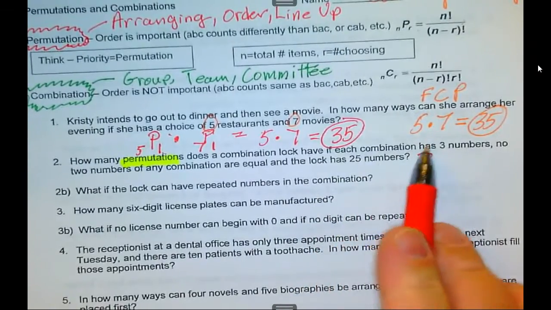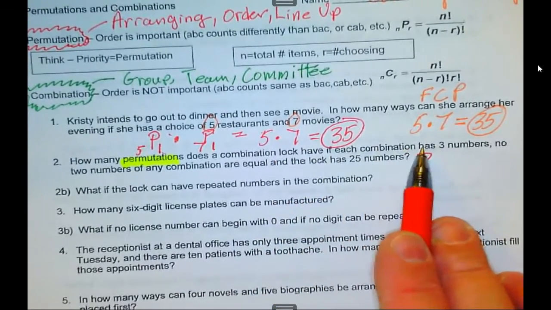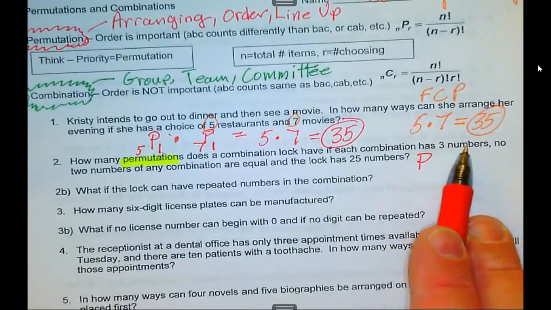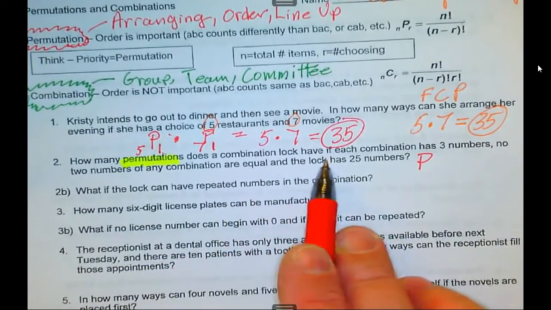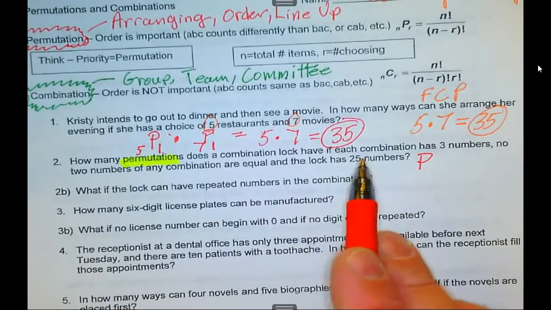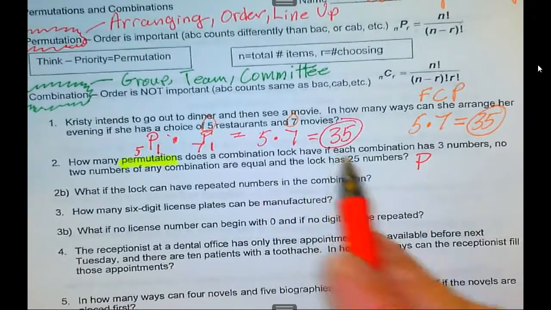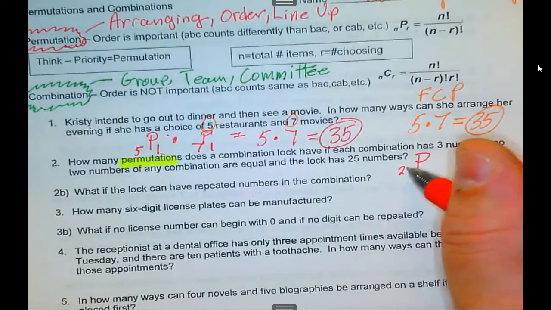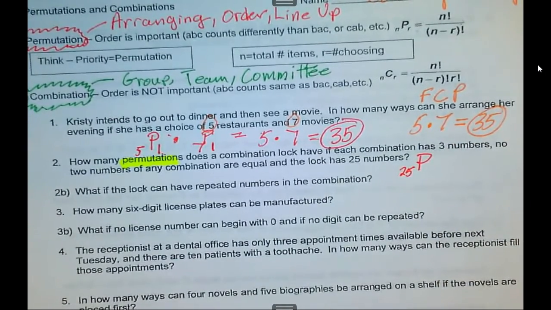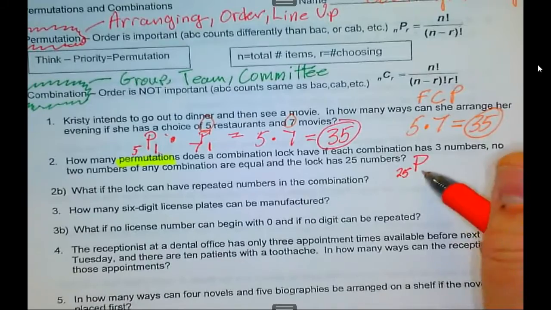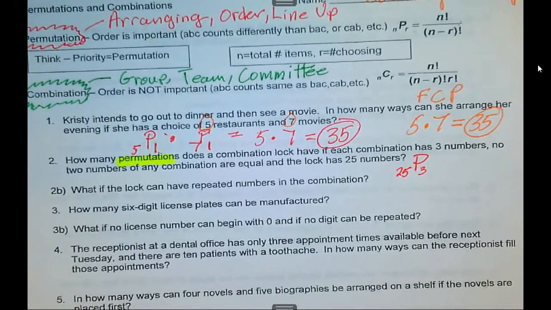It says each combination has 3 numbers, no 2 numbers of any combination are equal, and the lock has 25 numbers. So the total was 25 numbers, and we had 3 numbers as our choices.